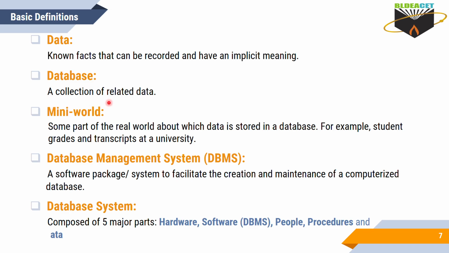Next, what is a database? A collection of related data. If I take a student name, USN number, semester, date of birth, all these are data and all are related to one person. That is the database, that is student related data. The name of the student is one data, USN is one data, a book title is also one data.